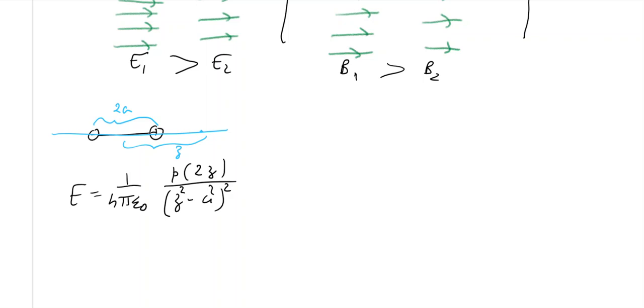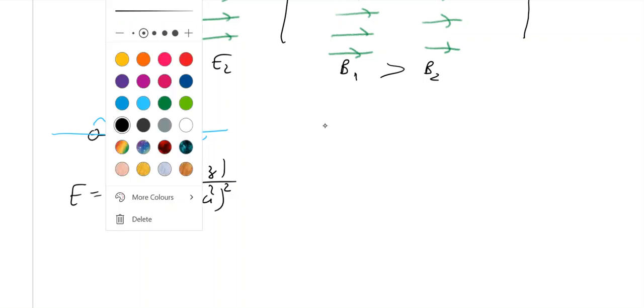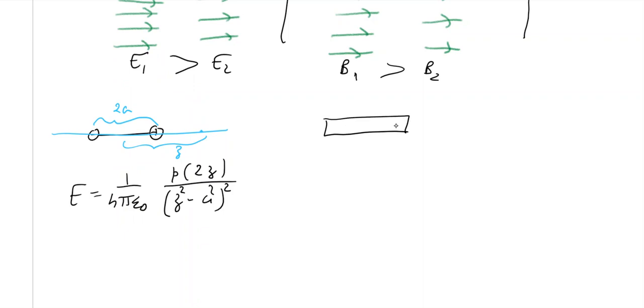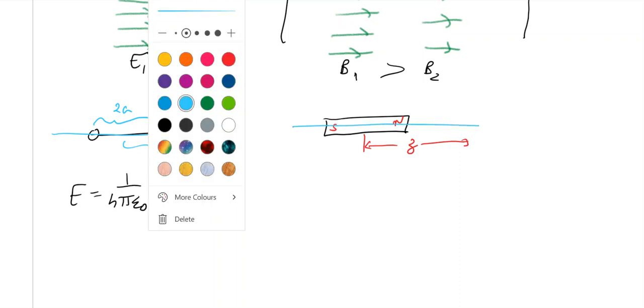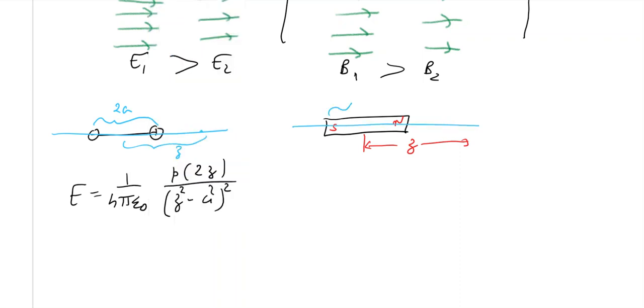Similarly, if you have a bar magnet, and you want to find out its magnetic field at some point, let's say z distance on its line, let the length of the bar magnet be 2L, then the magnetic field can be given as B is equal to mu 0 by 4 pi. Now see, this is another very important difference between electrostatic and magnetism.